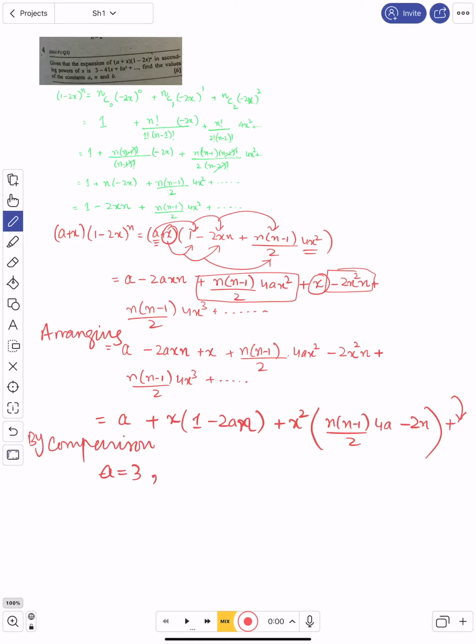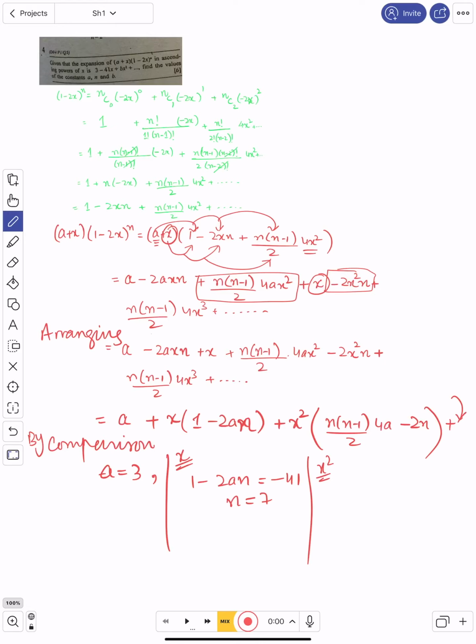Alright, so the coefficient of x, 1 − 2an, is equal to minus 41. When you input the value 3 for a inside, you are going to have 7, n is 7.